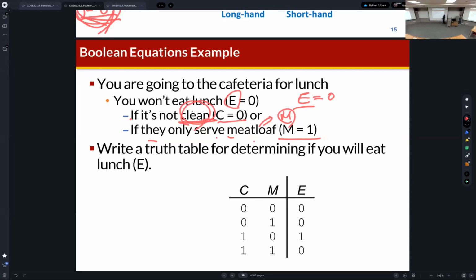And if the menu is meatloaf, then M becomes 1. So there are two conditions, and we can define the result of each condition as true or false. There are only two cases for each condition. By combining these conditions, we can generate output E.